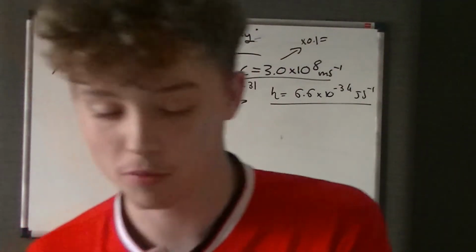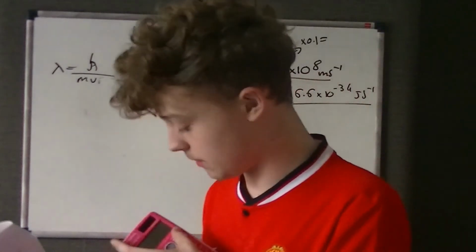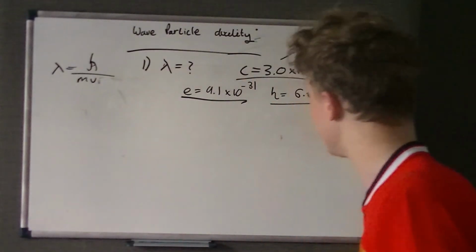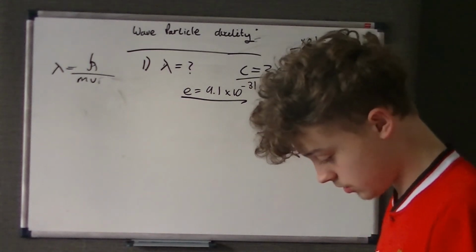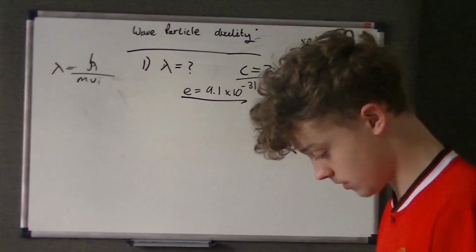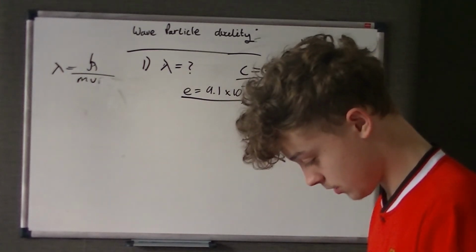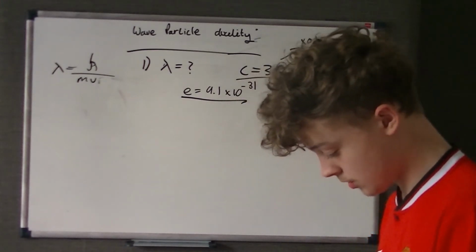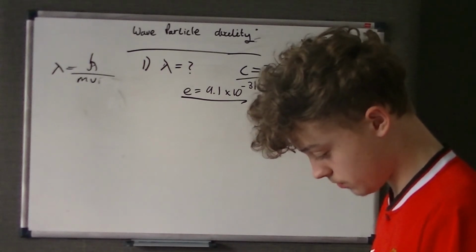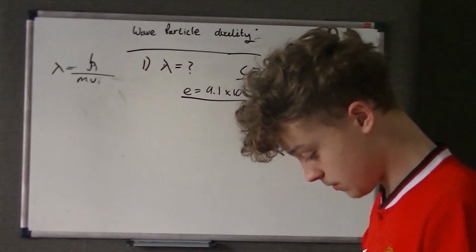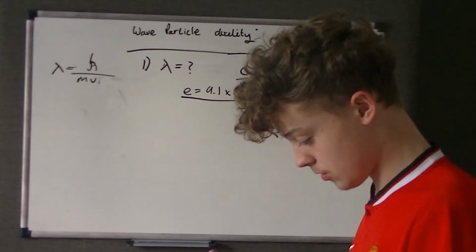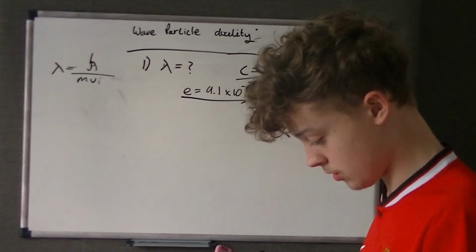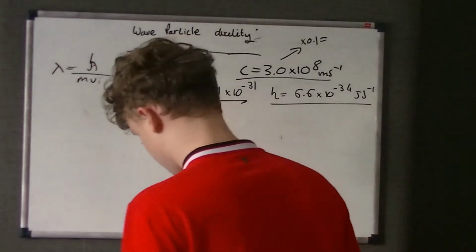So, 3 times 10 to the 8 times 0.1 is just 3 times 10 to the 7.